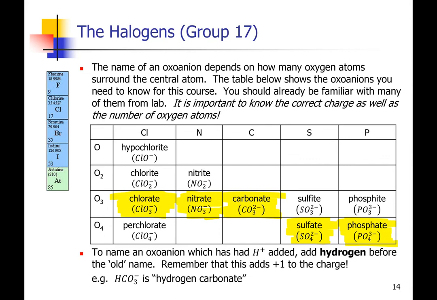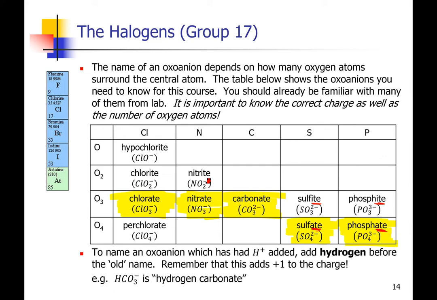Now, as long as you know the 8s cold, you can do everything else by relation to them. You will notice, for example, on this table, that sulfite has 1 less oxygen atom but the same charge as sulfate, and phosphite has 1 less oxygen atom but the same charge as phosphate.